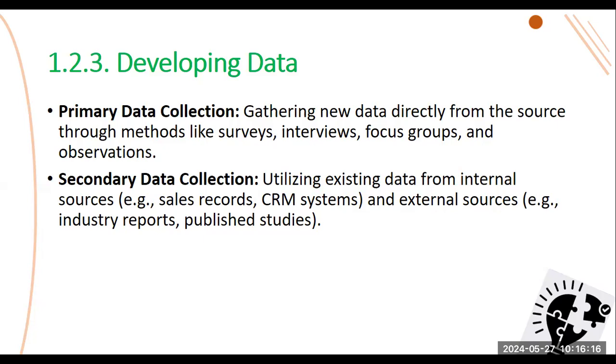They can use external publications, reports, newspaper articles. And published studies: a health researcher examining the effects of a particular diet might use data from previously published clinical studies and meta-analyses, right?